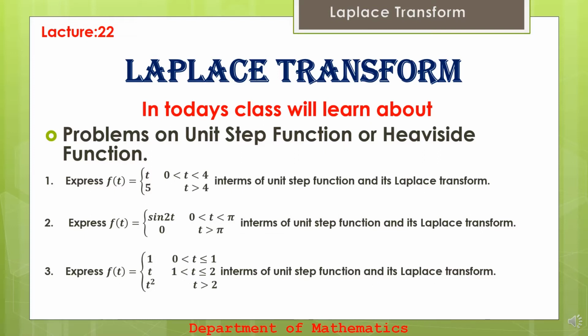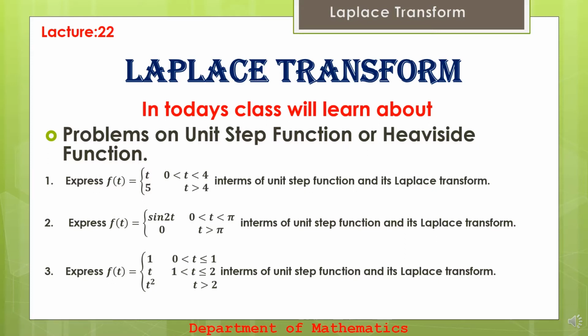Second problem is express f of t is equal to sine 2t where t is greater than 0 less than pi, and another function 0 where t is greater than pi, in terms of unit step function and its Laplace transform.